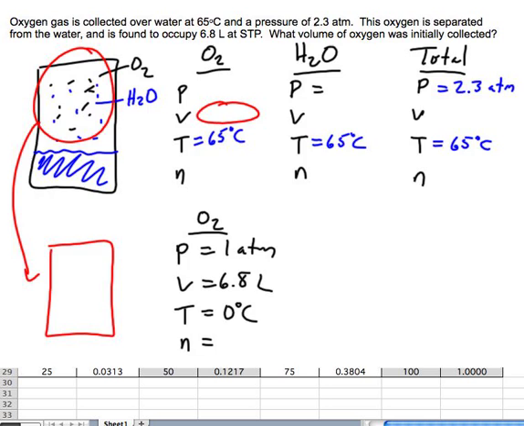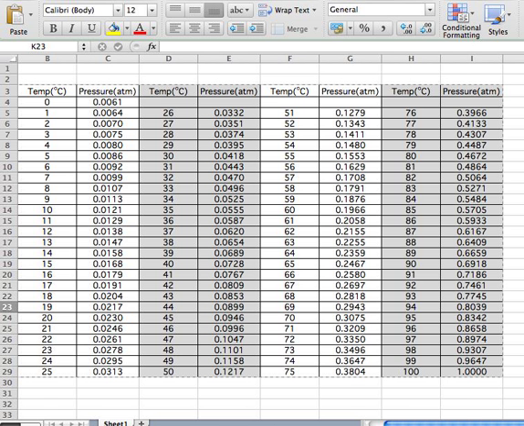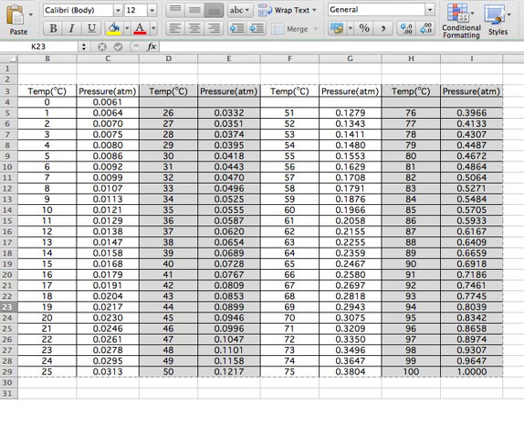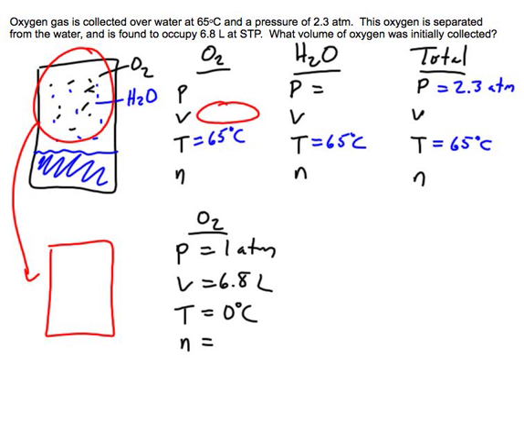So we can consult our water vapor pressure chart. At 65 degrees, the pressure of the water vapor is 0.2467 atmospheres.